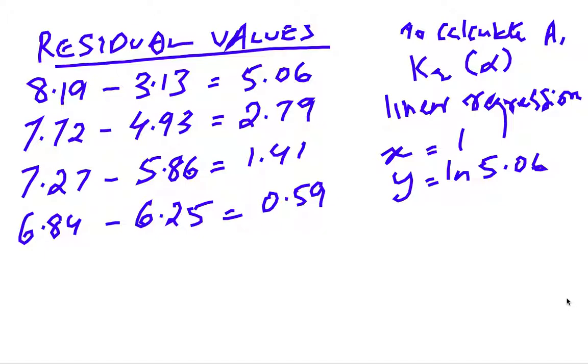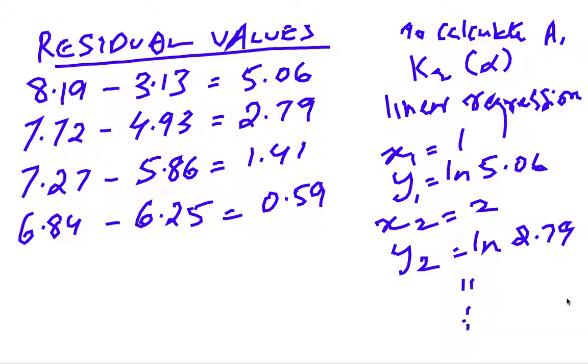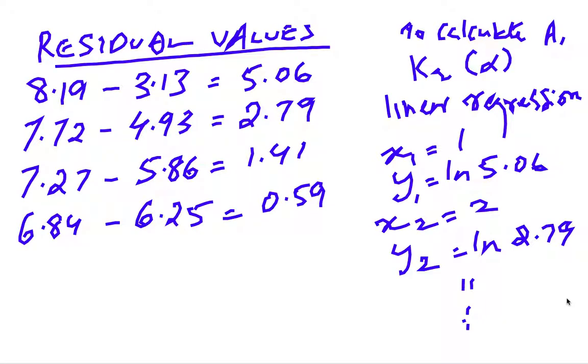Then the next, x2 is 2, y2 is the natural log of 2.79, and so on and so forth till you complete. So I can write that down explicitly, all of those down, so that you will know.